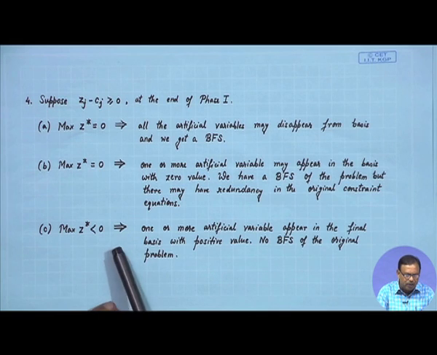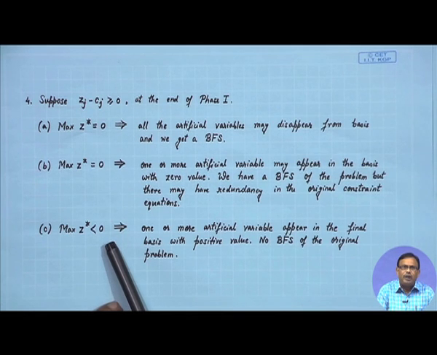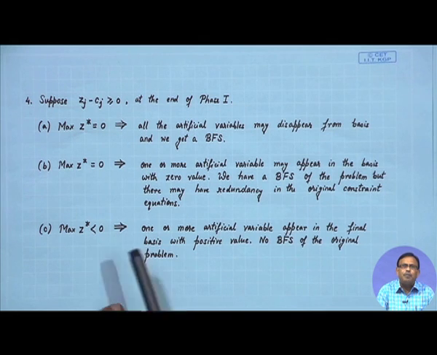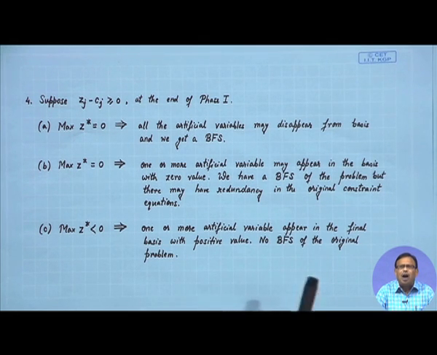The third case, that is part C, is maximize z star less than 0. Whenever z star is less than 0, that means the values of all the artificial variables are not 0. One or more artificial variables will appear in the final basis with a positive value.